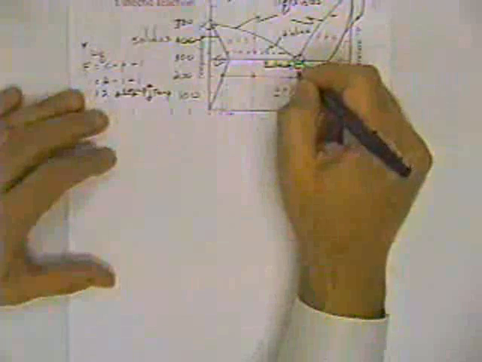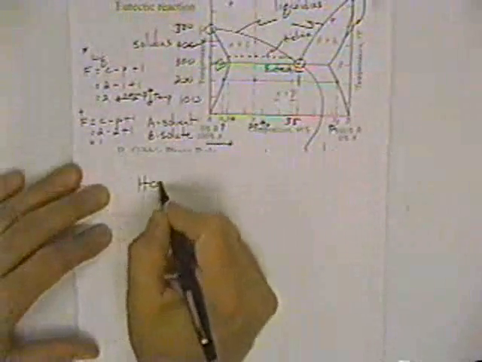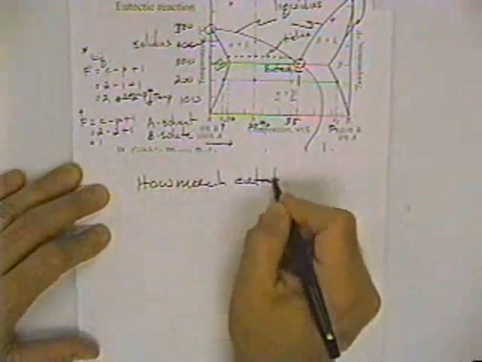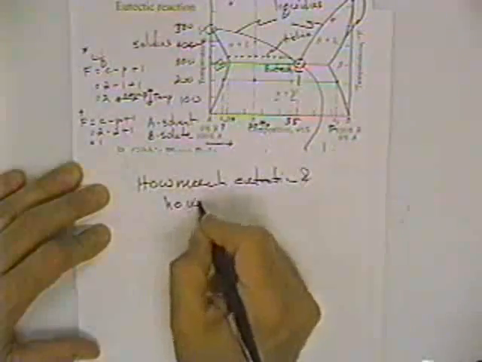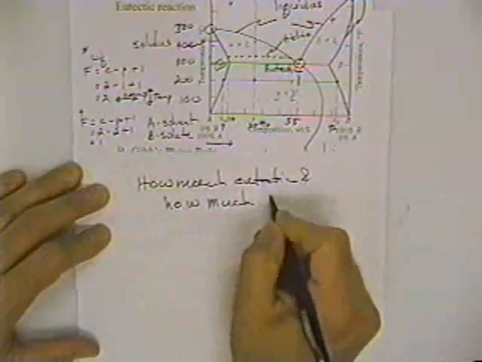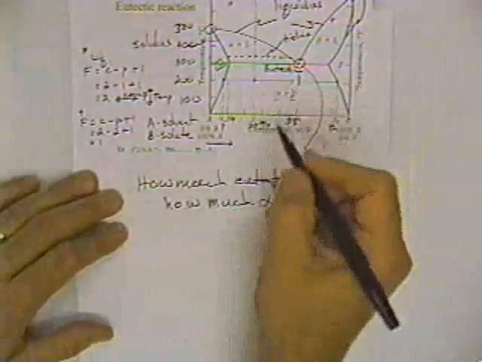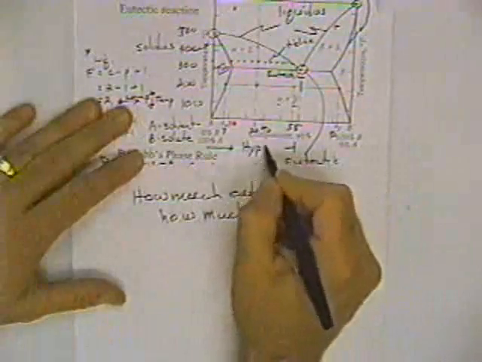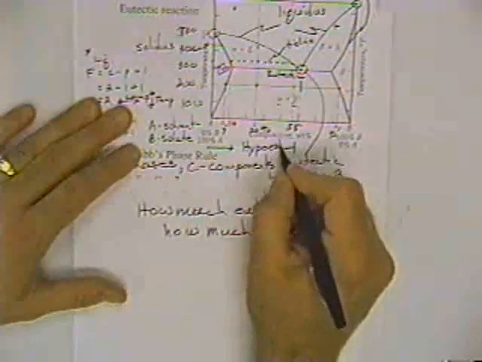Now there's one other thing that you can do actually here. If you wanted to know how much eutectic and how much alpha, you could draw your line, your tie line, right at the eutectic point, and then the question could be how much eutectic and how much alpha, because we're on the side of the diagram that's called hypo-eutectic.